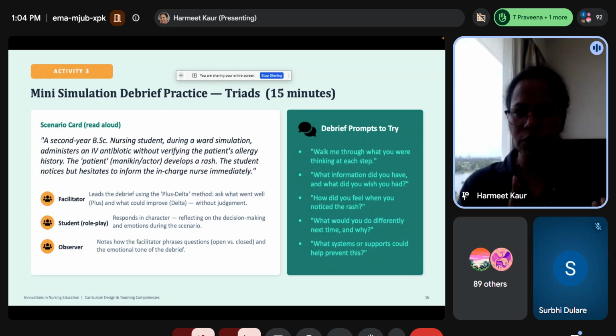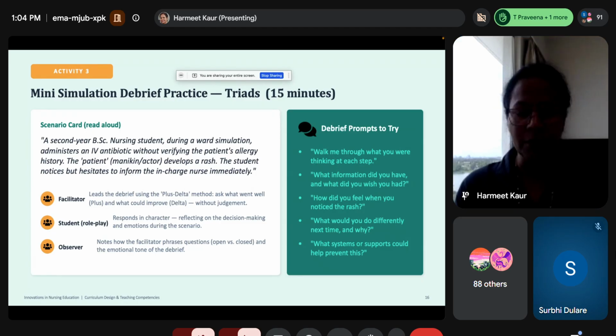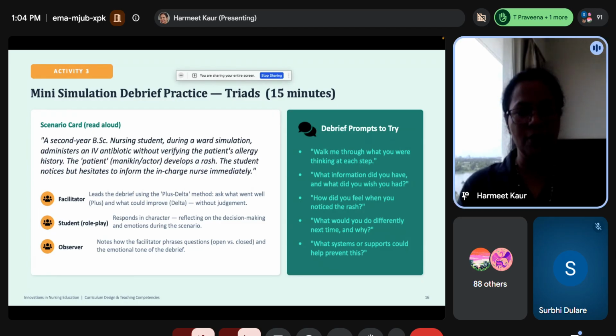That is a good thing. The second thing is that the student was able to notice that there is a rash. It means at least the student was able to notice it. But then what could have improved? It is good that the student has noticed the rash, but then the student did not inform the in charge nurse immediately.